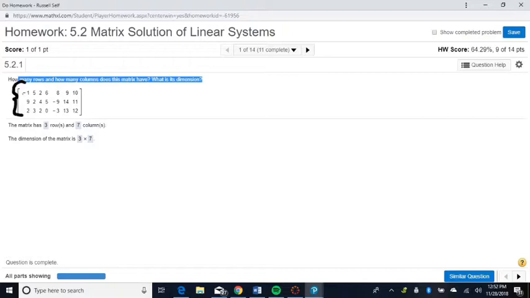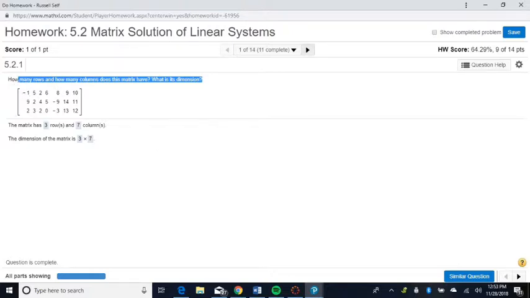We have 1, 2, 3 rows, right? And then if you count them out, 1, 2, 3, 4, 5, 6, 7 columns. So that makes this a 3 by 7 system. Now I've already worked these, and so it's giving you the answers, but that's okay because this is just review.